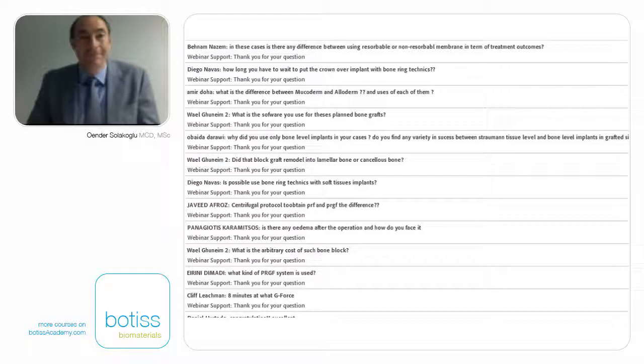Okay, next one. Centrifugation protocol to obtain PRF and PRGF, the difference. Well, there are very different protocols, and it always depends on the centrifuge you have.